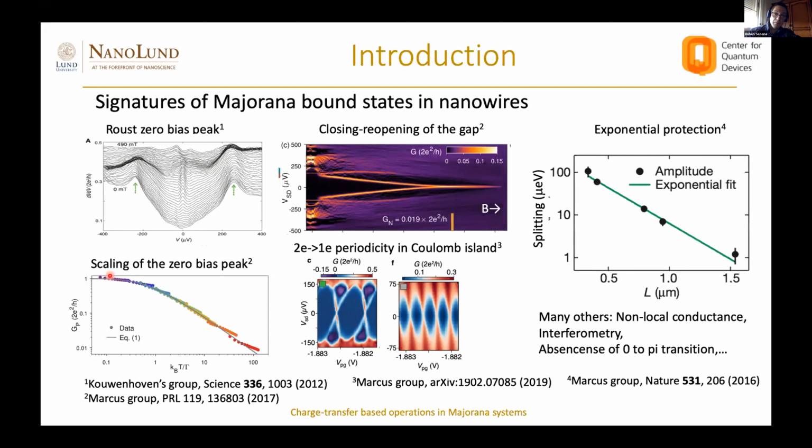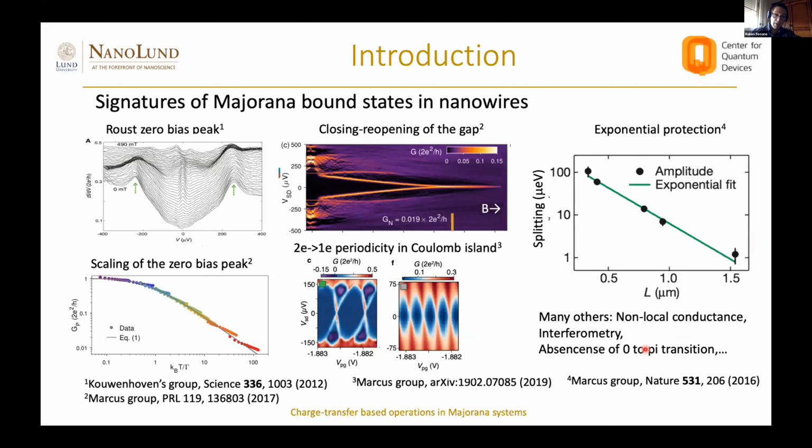And there are some other evidences such as non-local conductance, interferometry, absence of zero-pi transitions, but still many of these phenomena can be explained through a trivial Andreev bound state very close to zero energy.